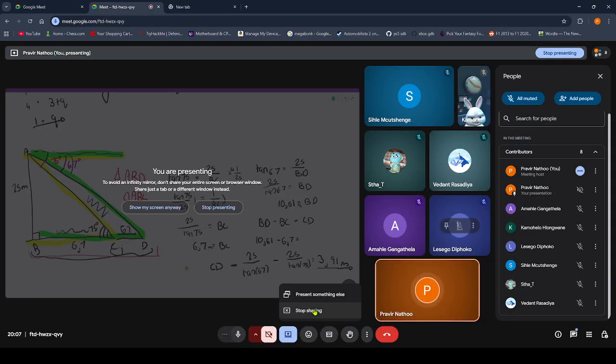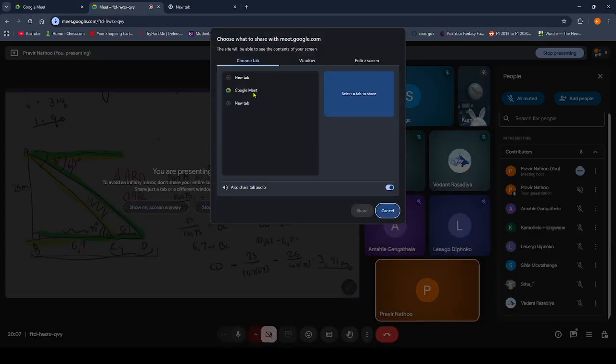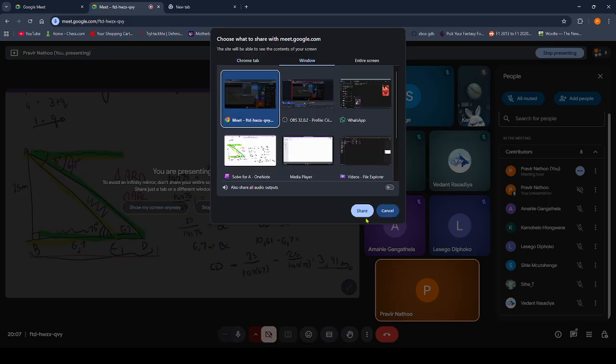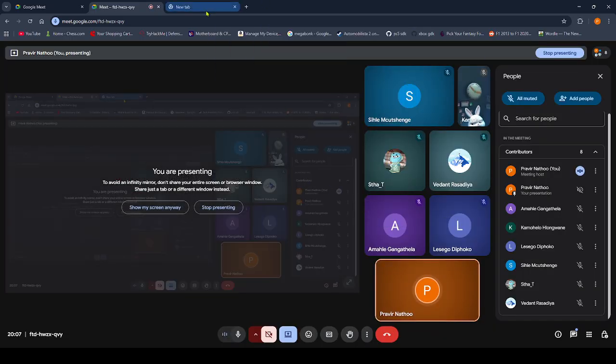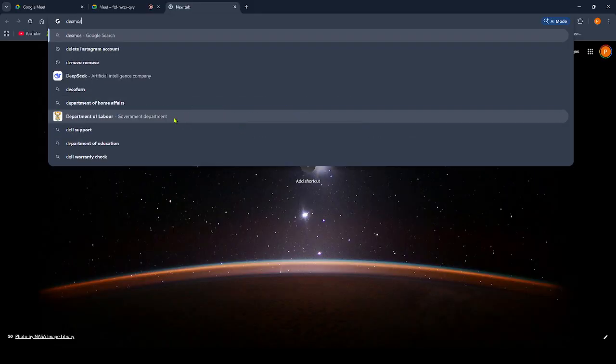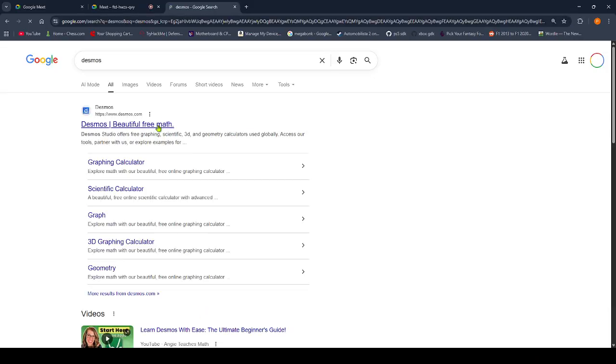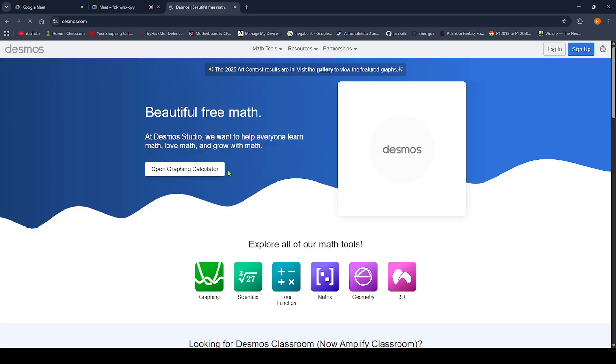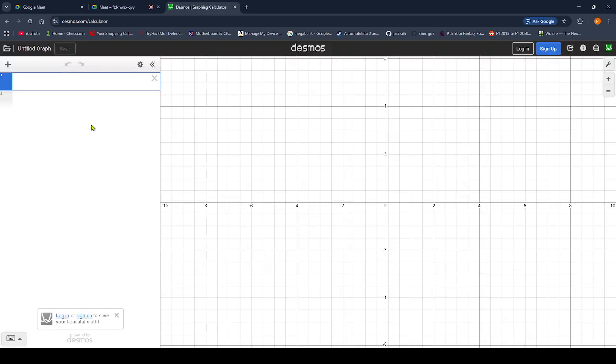Let me share the screen. Right. Now, we look at it like this here. Y is equal to sine of x. Right.